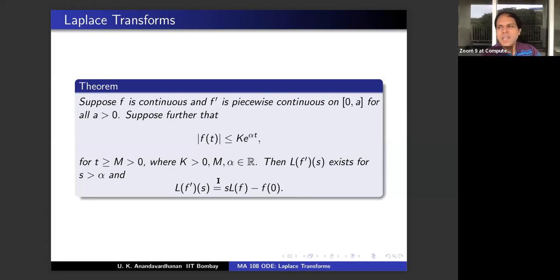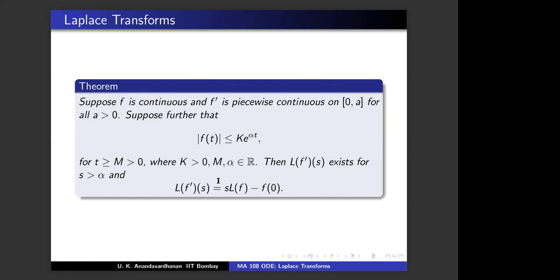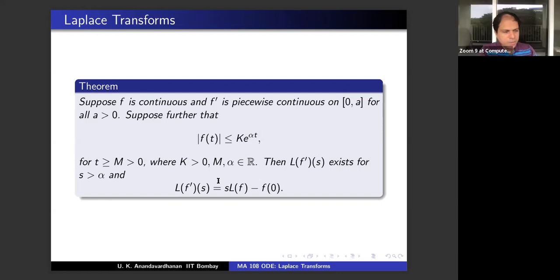But is it true that sine e power t square will have a Laplace transform? Sine e power t square anyway will have a Laplace transform. Is it true that the derivative of sine e power t square will have a Laplace transform? Yes, it will have, according to this theorem. Absolutely correct.